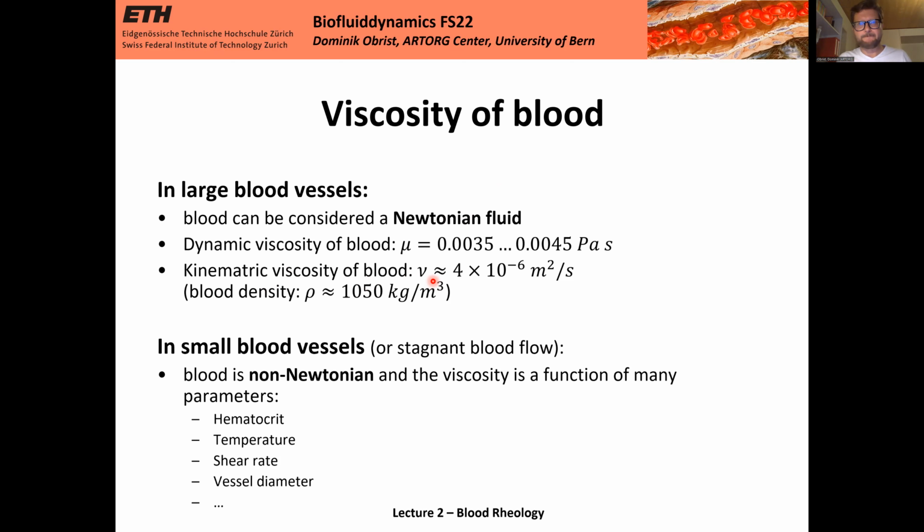The kinematic viscosity of blood is on the order of 4 times 10 to the minus 6 meters squared per second, compared to roughly 10 to the minus 6 meters squared per second for water. This is simply taking the dynamic viscosity and dividing by the blood density, which is very close to the density of water. It's roughly 1,050 kilograms per cubic meter, compared to 1,000 kilograms per cubic meter for water.